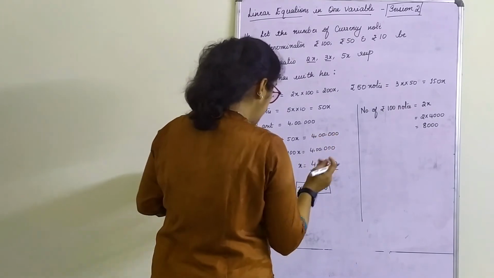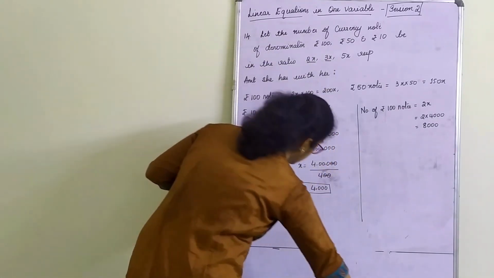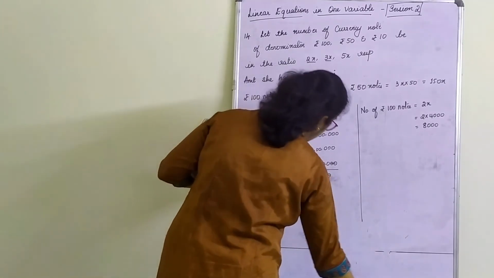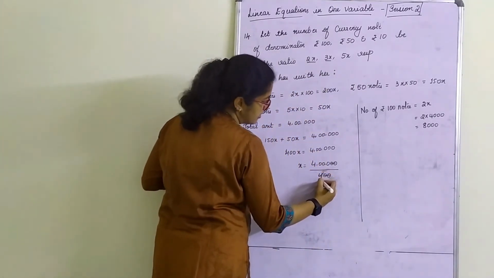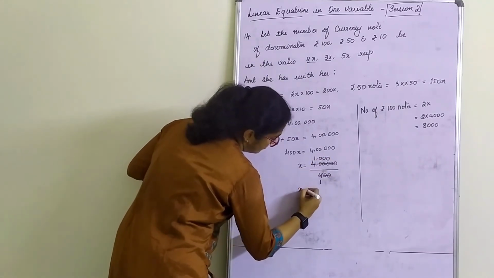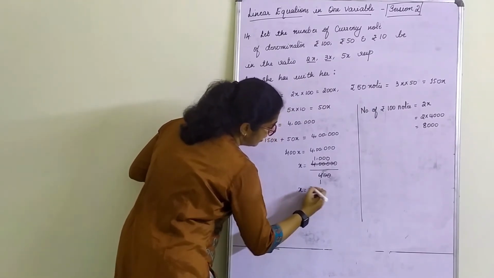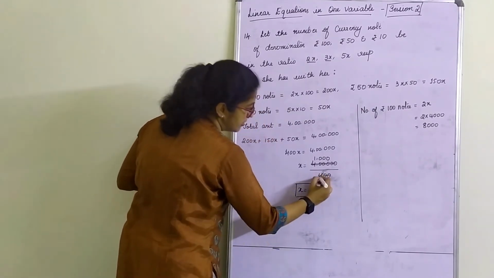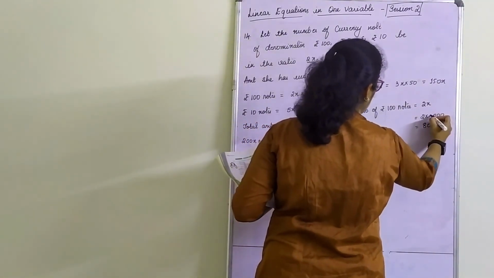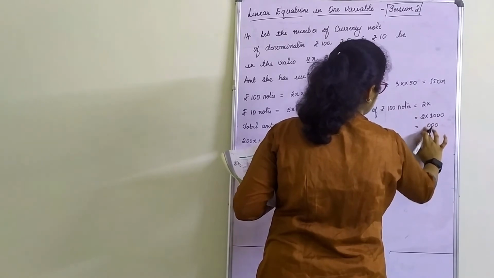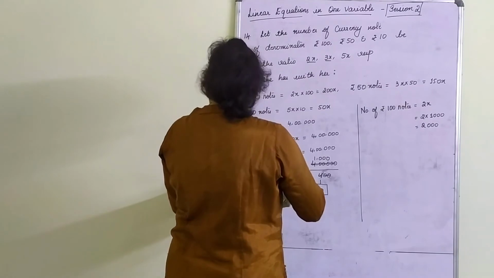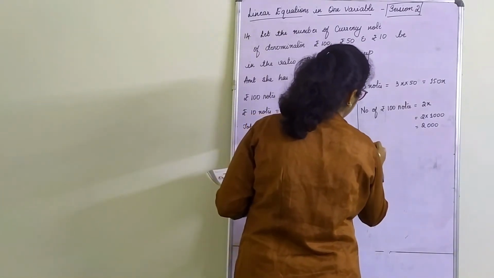Sorry, children, when you cancel here, that's what I was wondering. If she has this much then it will not come. I only cancelled zeros and gave the answer. But 4 ones are, we need to cancel this. So this is 2 into 1000, that is 2000.